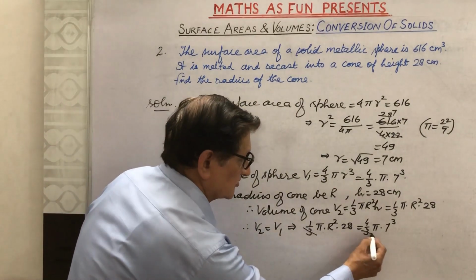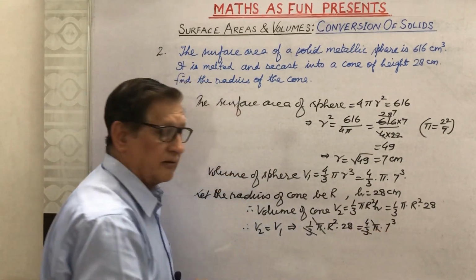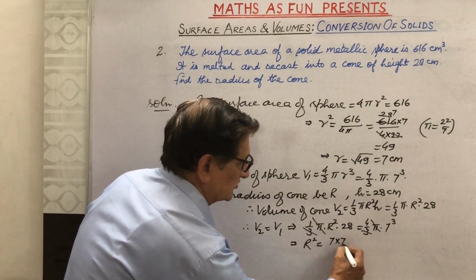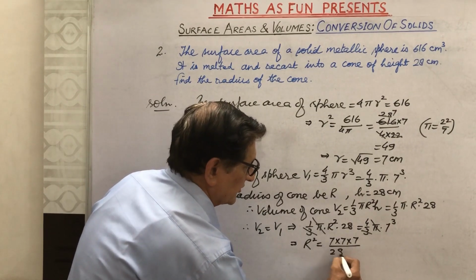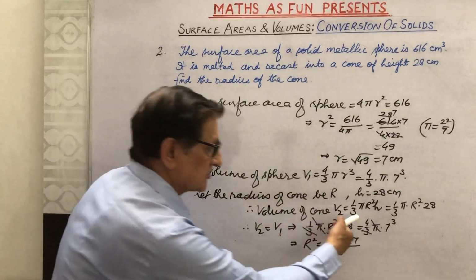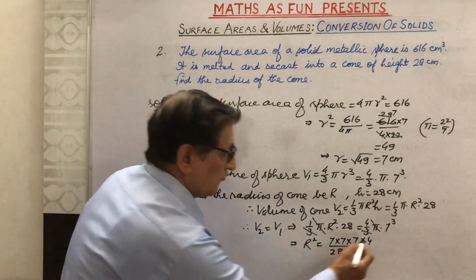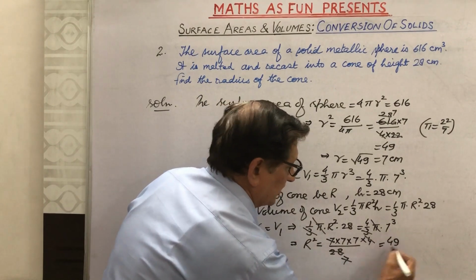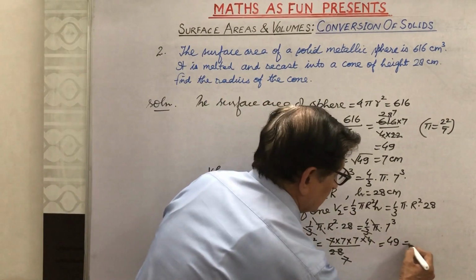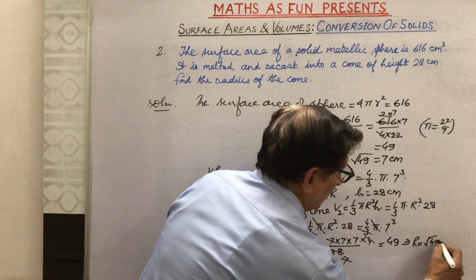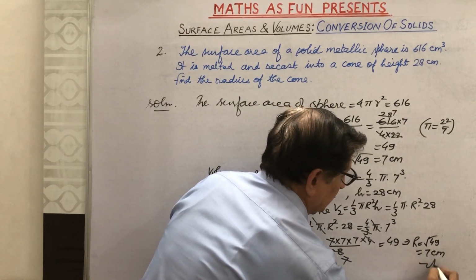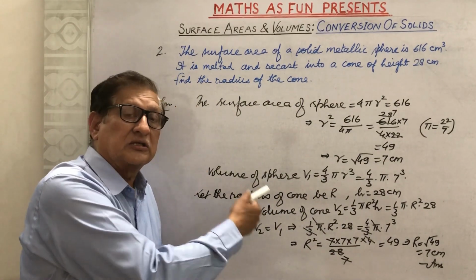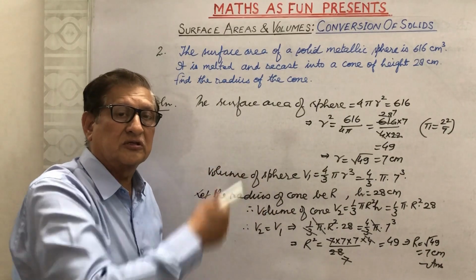This 3 cancels this 3, pi cancels pi, and what we are getting? r square is equal to 7 into 7 into 7 upon 28, and this is into 4. 4 cancels this 7 times, 7 cancels this, so this comes as 49. It means r is equal to root of 49, that is 7 centimeter. So this is the radius of the cone. We can write that the radius of the cone is 7 centimeter.